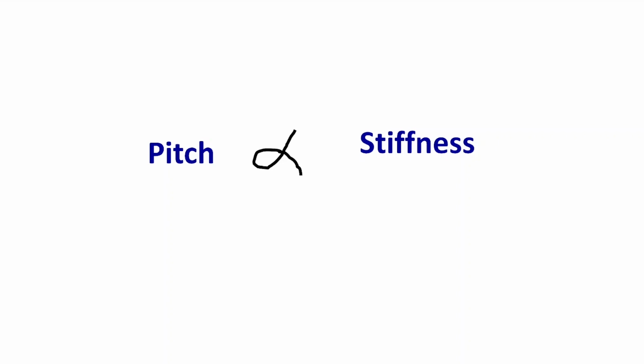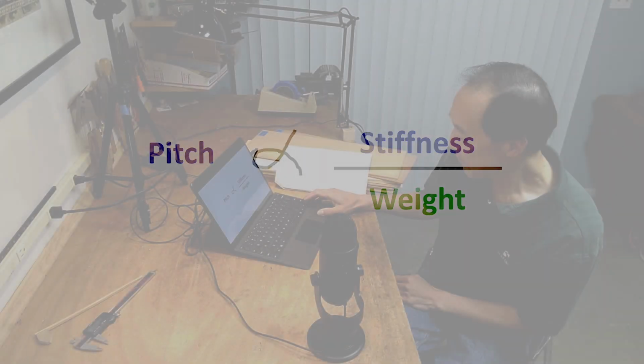Now, truth in advertising here, it's really that pitch is correlated to stiffness directly and inversely related to weight. So mathematically, we could say that pitch is correlated to stiffness divided by weight.